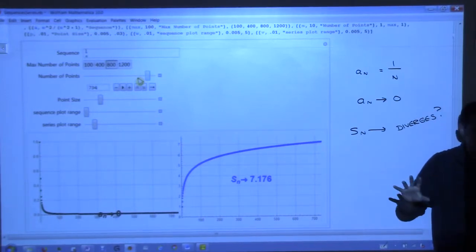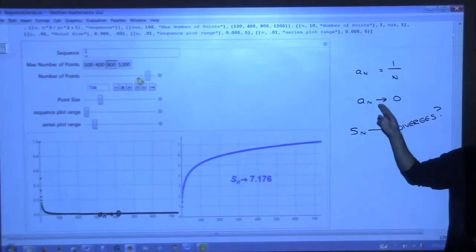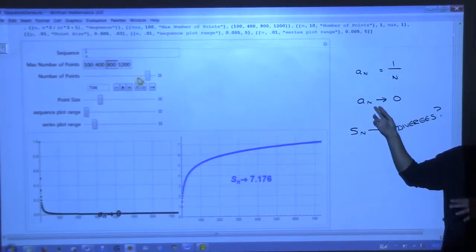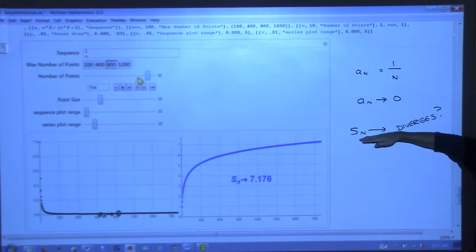Both the examples I've given you, both sequences converge to 0. But their series appear to be doing two different things. Agree? So just because a sequence goes to 0, that is not enough information to tell you whether or not the series converges. So just because this goes to 0 doesn't mean anything in terms of this.